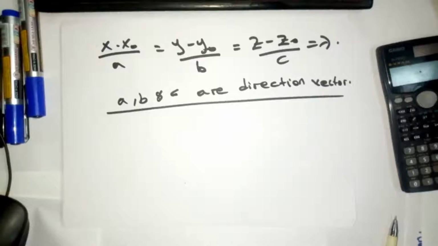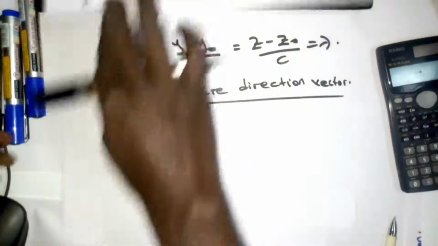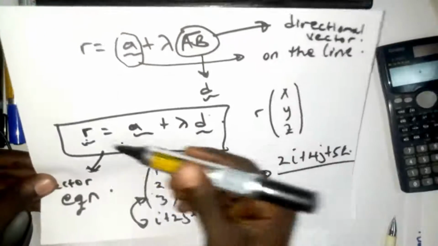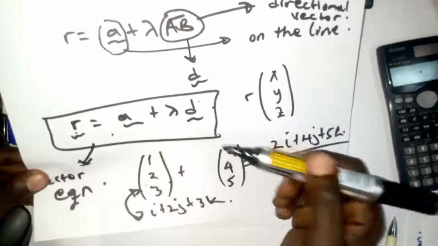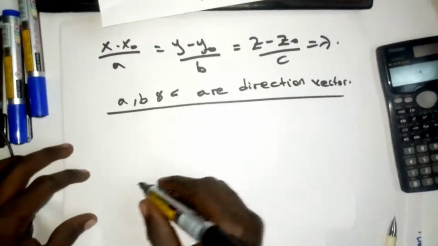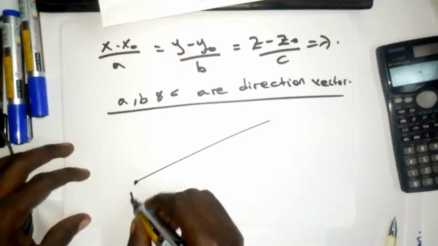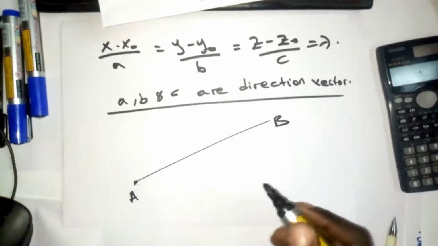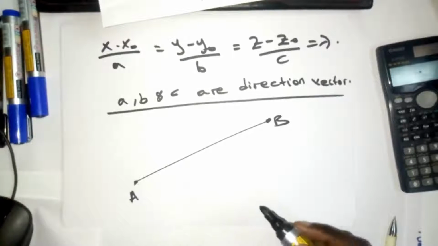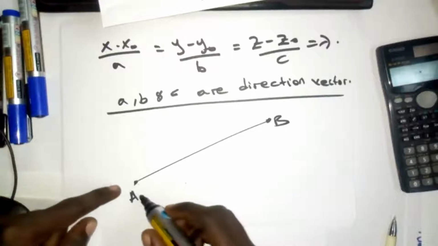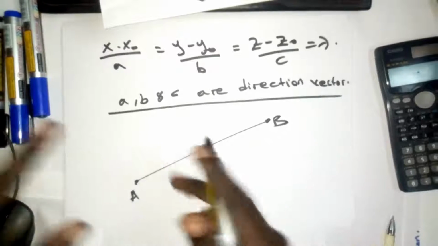Now let us start off immediately with the first equation that we formed. r is equal to a plus lambda d. If I have a straight line AB, we are still talking about a straight line. To move from here to here, I need to have a direction.